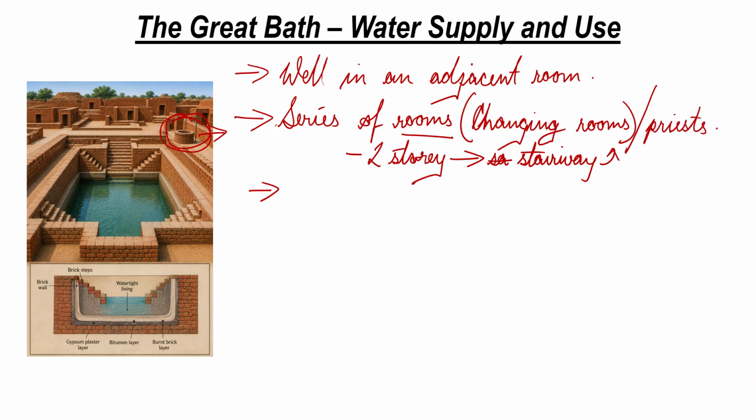Now, priests were very important in any kind of ancient civilization because people believed them to be an agent of God, and that with the priests they could connect to the divine beings. And this entire structure may have been used for some kind of ritual bath. Okay, so the entire purpose of the Great Bath may have been ritualistic.